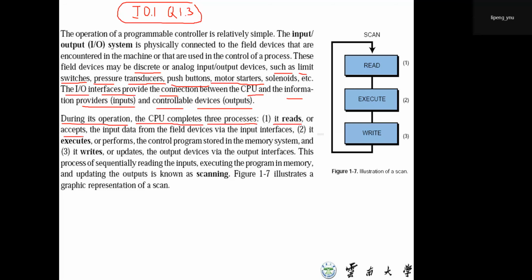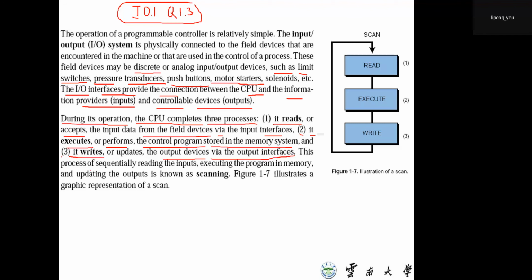It means accept or input data from the field device via the input interface. The second is it executes. It means performing the controller program stored in the memory system. And the third is it writes, or updates the output device via the output interface.